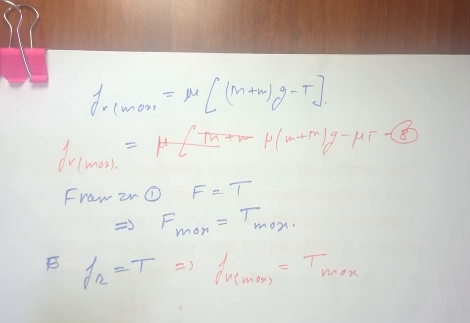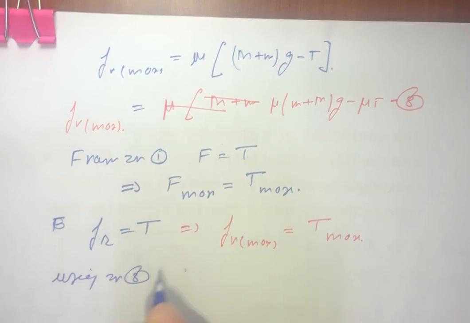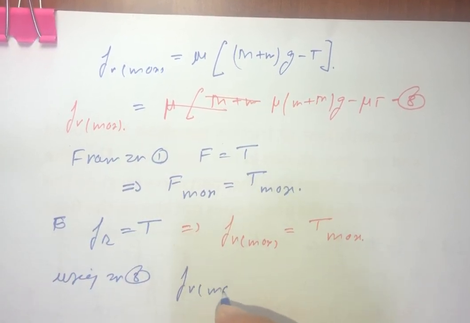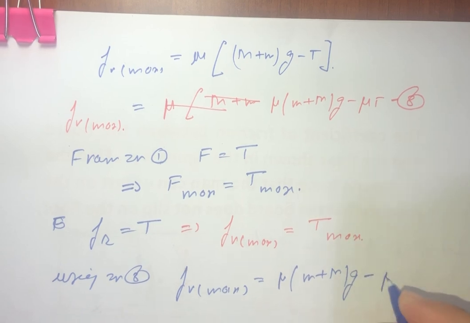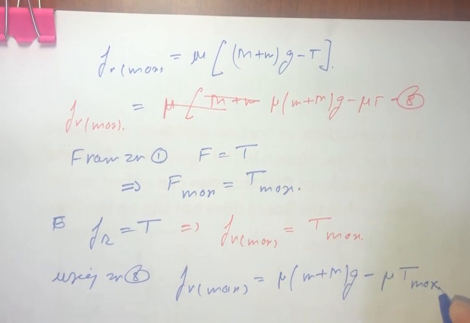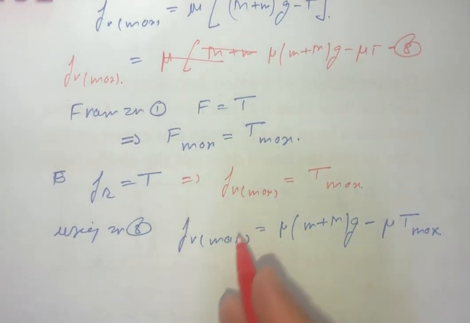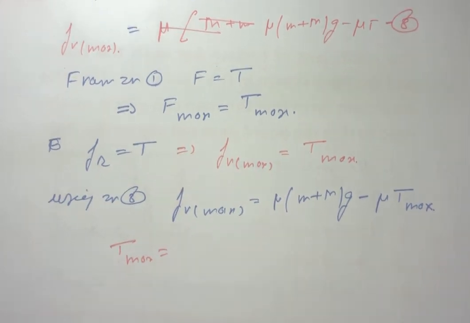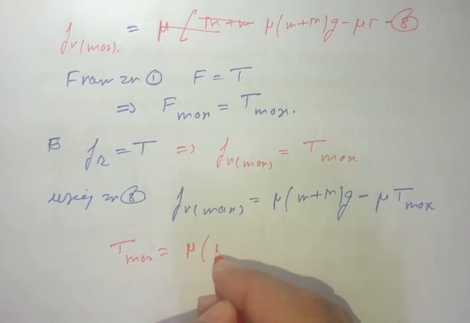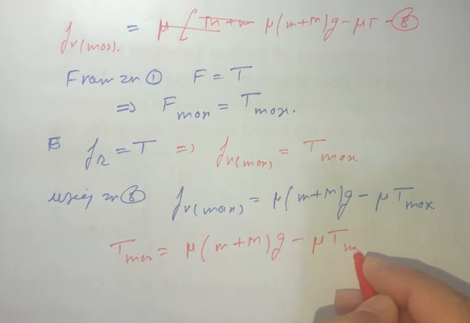So using equation 3, we get Fr max is equal to mu(m plus M)g minus mu into T max. And since Fr max is T max, we put it here and get T max is equal to mu(m plus M)g minus mu T max.